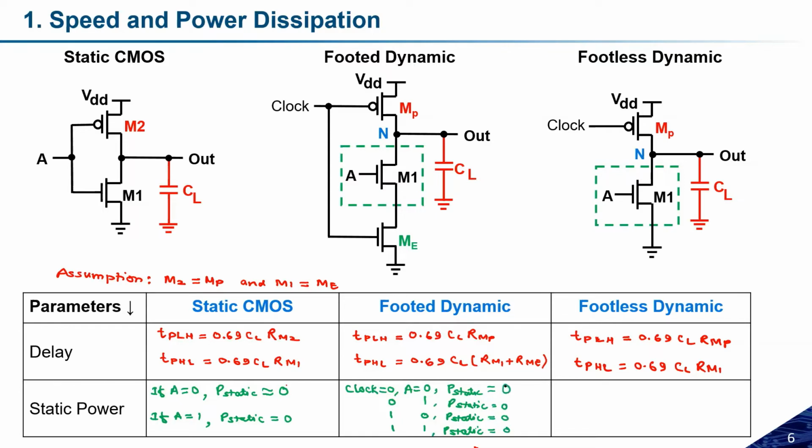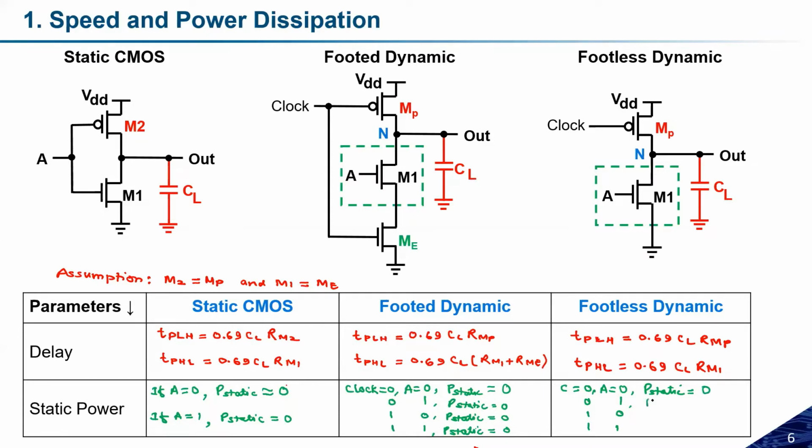But the problem may come in the case of the footless dynamic one. So I'm just writing C for the clock. C is equal to 0, A is equal to 0, 0, 1, 1, 0, and 1, 1. And if I'm considering P static, if clock is equal to 0, input is equal to 0, in that case MP will be in on state and M1 will be in off state, so we will not have any power dissipation.